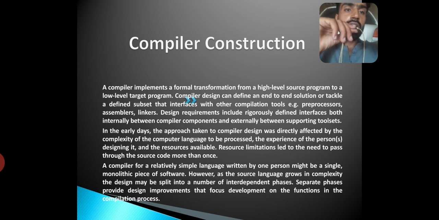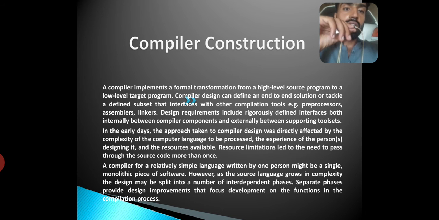In the early days, the approach taken to compiler design was directly affected by the complexity of the computer language to be processed, the experience of the person designing it, and the resource limitations that led to the need to pass through the source code more than once.